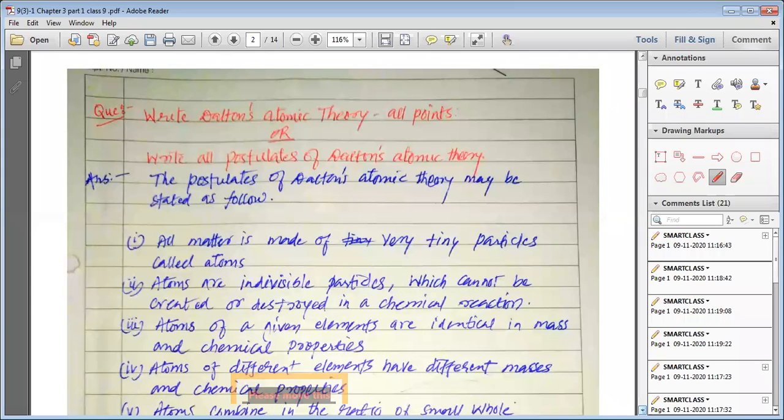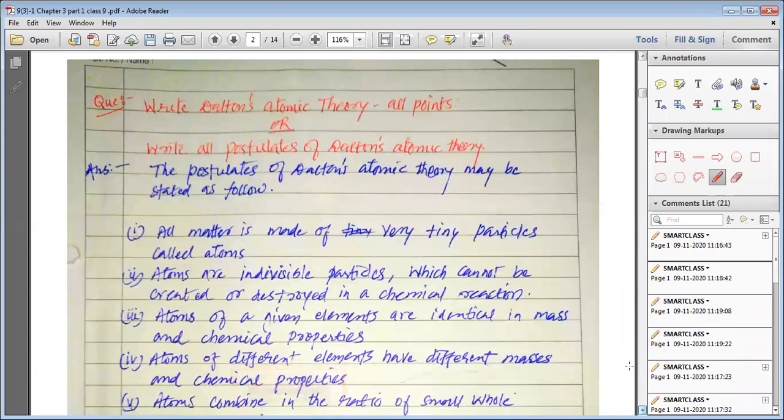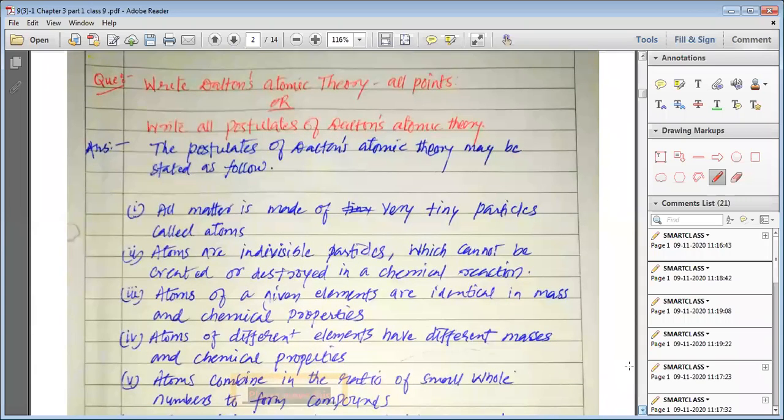That is what was told by Joseph Proust, and he explained that this proportion remains constant, this proportion remains definite.